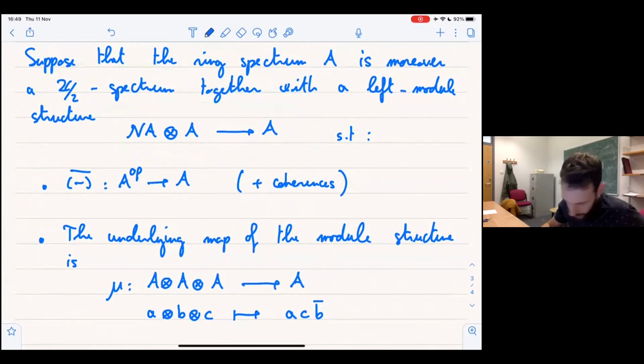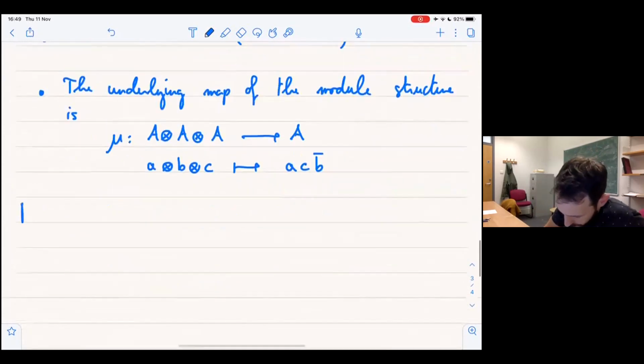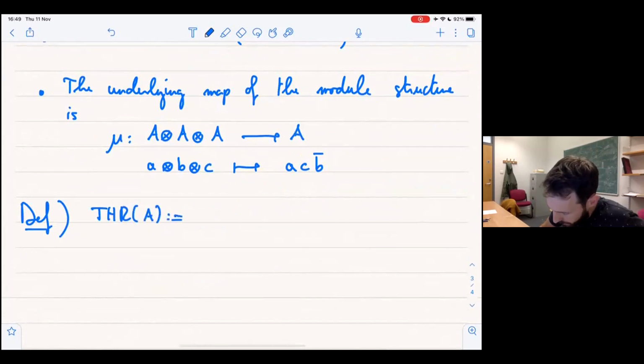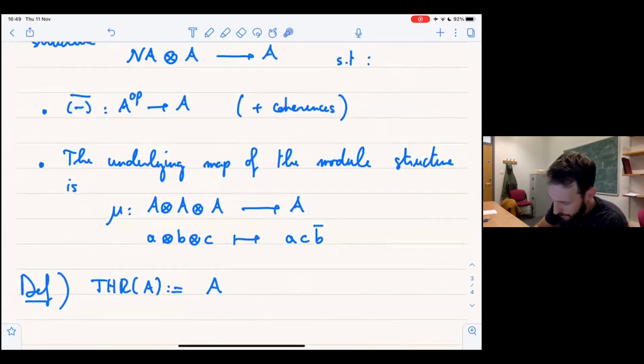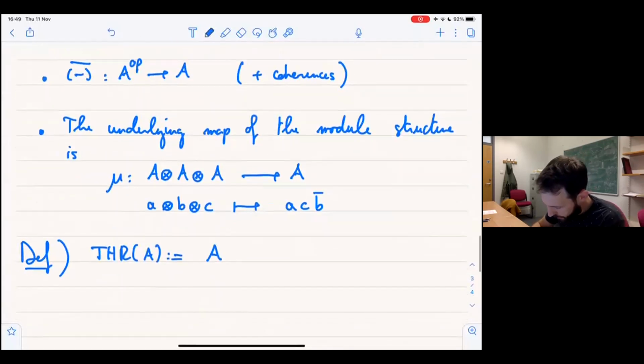So once you're here, you can then define, there's a sort of definition of real THH, which is quite straightforward, is, well, let's take A, I just told you it's a module over the norm. And because of this op, you can turn a left module into a right module. So it's also a right module over the norm, and you can just tensor them together. And I think this is a definition of real THH, which is quite convenient.